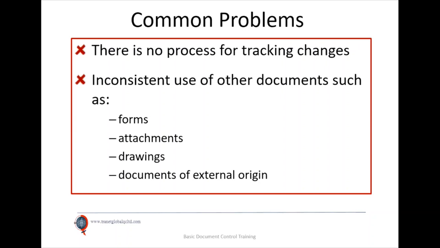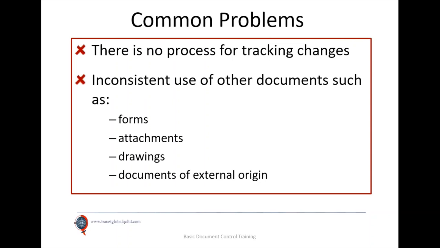When we cannot find the changes that gave rise to revision 1 or revision 2 of a document, you see a document bearing revision 2, for example, and you ask the process owner, can we see the evidence of the previous revision? And it's nowhere to be found. It paints a wrong picture of the document control system of that organization.